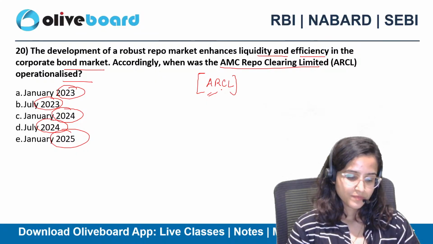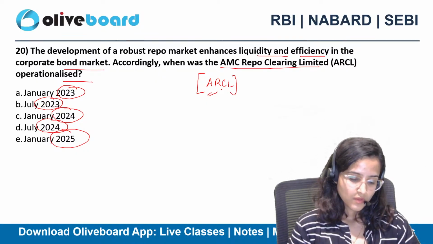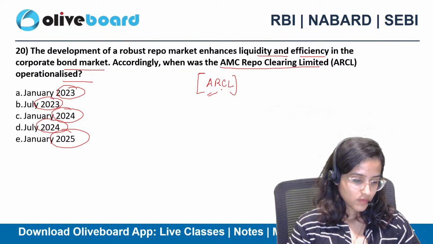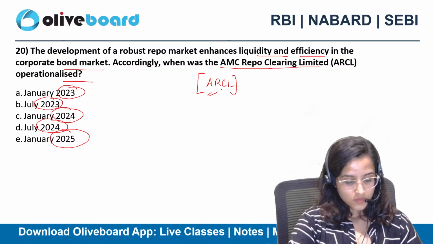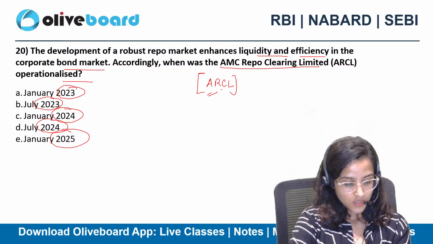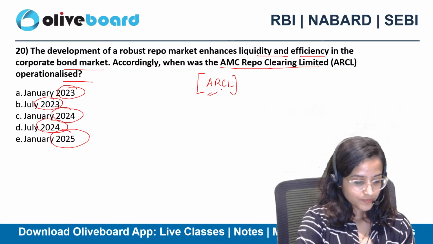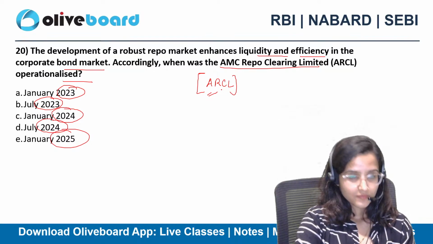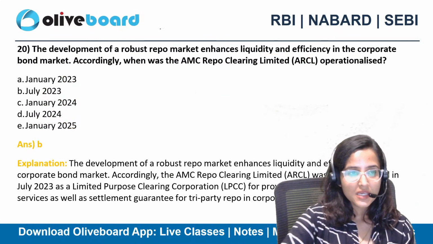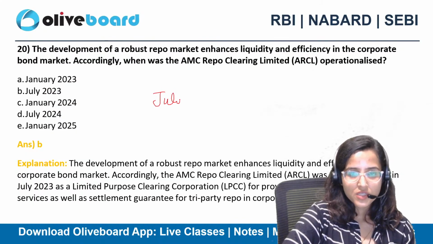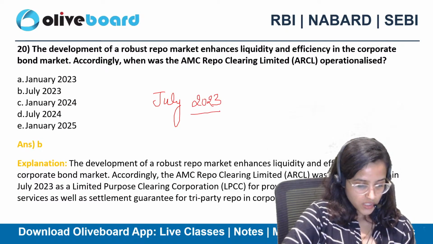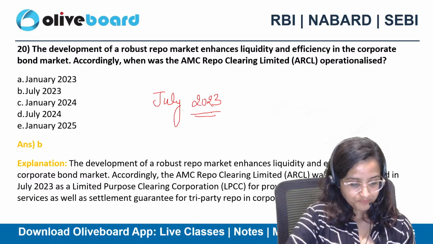20th question. Anurag is saying D. Anybody else? The answer is B. It is July 2023. Okay, not D. It's July 2023.